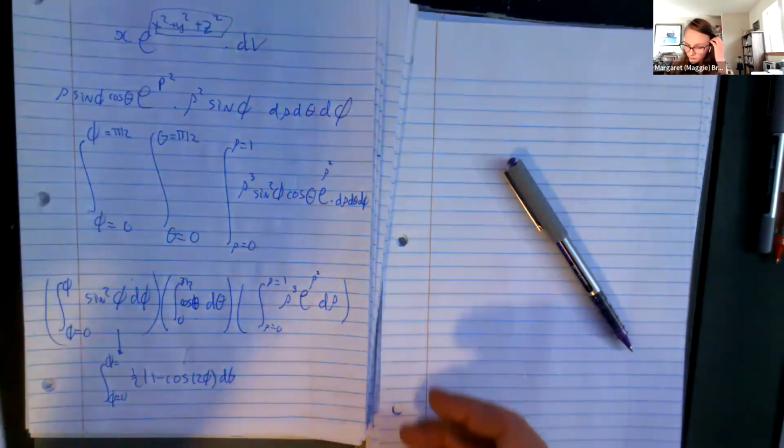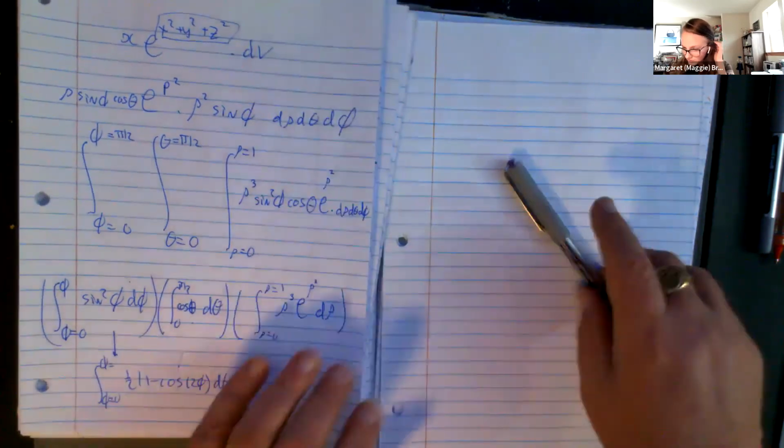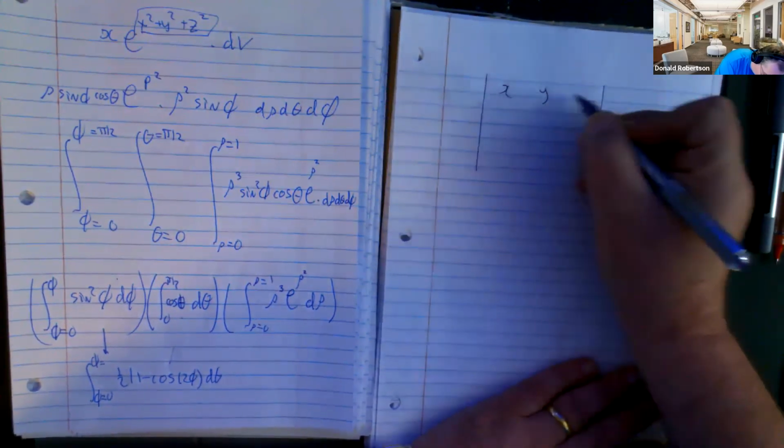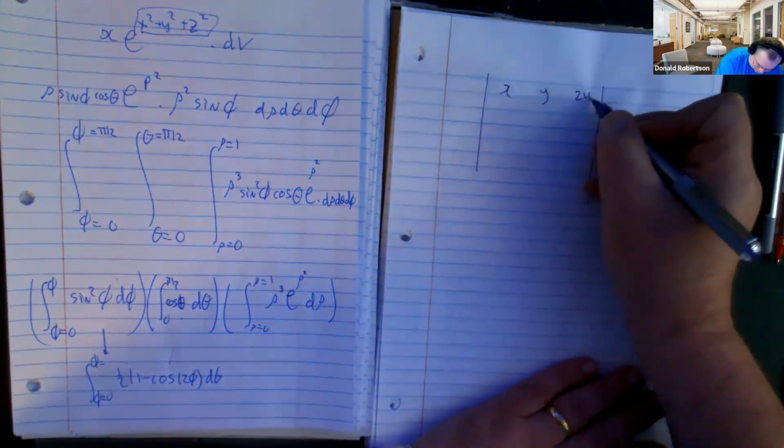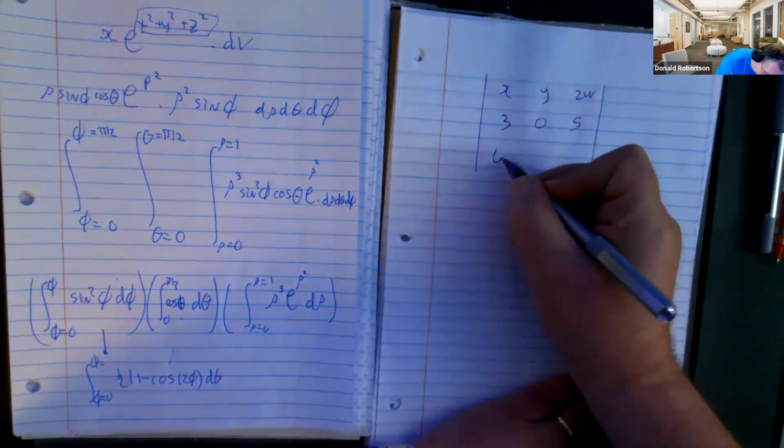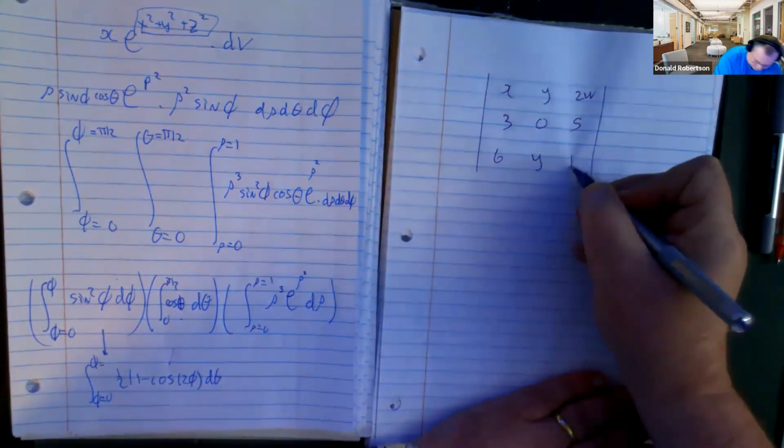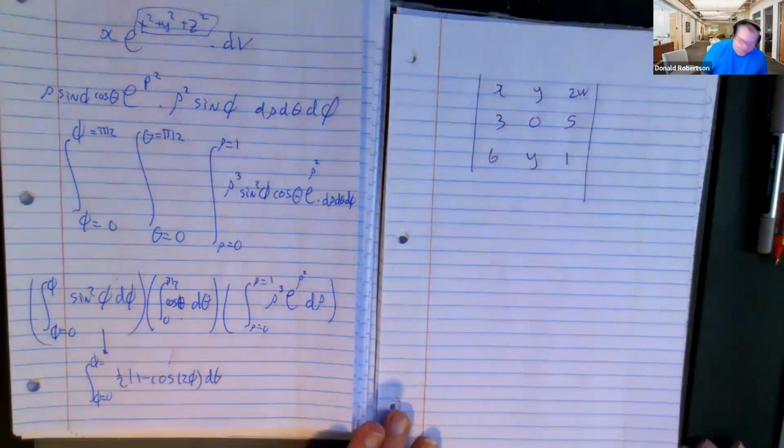Okay. And then the other thing was, can you show me how to do a 3x3 matrix? Because that was really confusing to me. Okay, so I'll just put in any old thing. Suppose you had X, Y, and 2W, and 3, 0, 5, and 6, Y, and 1, just for argument's sake.